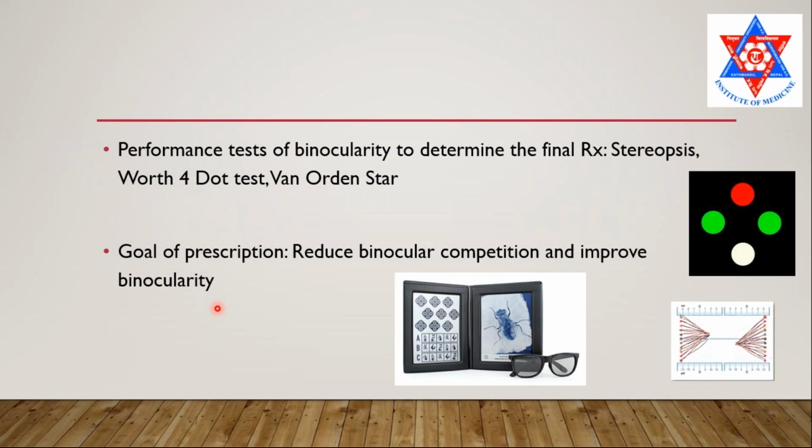The main goal of the prescription is to reduce binocular competition and improve binocularity. Prescribing the full prescription may sometimes not help the child, so we should decide on the basis of these tests to reduce binocular competition and improve binocularity in patients with amblyopia.